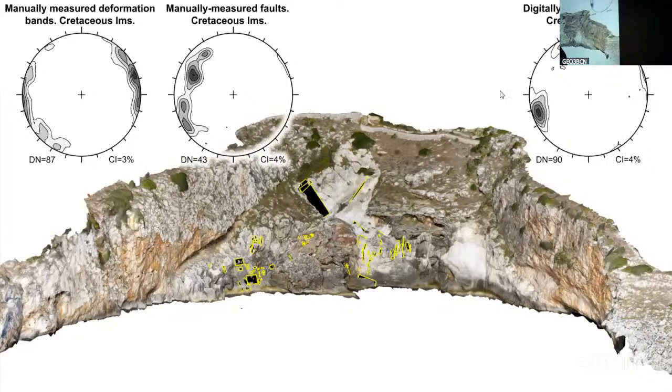Well, on the right side, the stereograms with the poles of folds that have been mapped digitally on the model. Okay, you have two clusters, this one and this one. On the left side, the folds collected in the field and the deformation bands collected in the field.